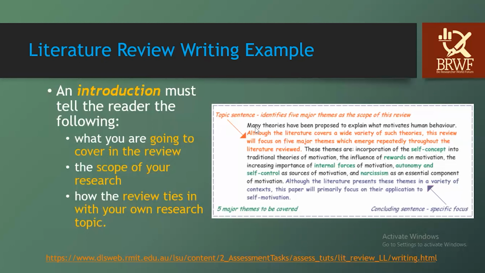So many theories have been proposed to explain what motivates human behavior. Although the literature covers a wide variety of such theories, this review will focus on 5 major themes which emerge repeatedly throughout the literature review. These themes are introduction of the self-concept into traditional theories of motivation, the influence of rewards on motivation, the increasing importance of internal forces of motivation, autonomy and self-control as sources of motivation, and narcissism as an essential component of motivation.